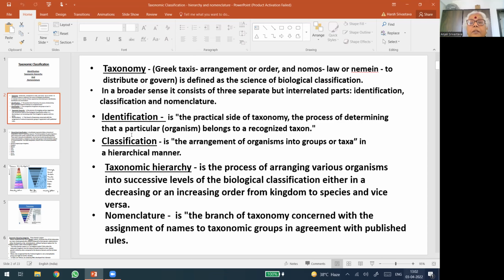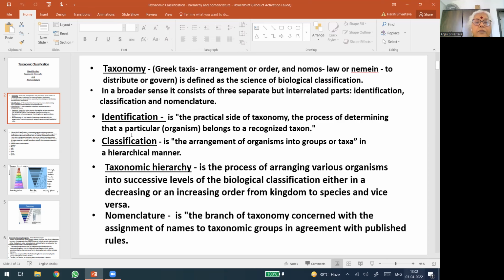This biological classification processing involves identification, classification, and nomenclature. Identification is the practical side of taxonomy, the process of determining that a particular organism belongs to a recognized taxon. And classification is the arrangement of organisms into groups or taxa in a hierarchical manner.